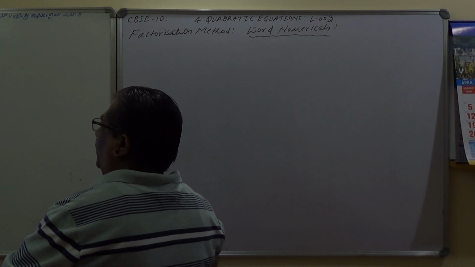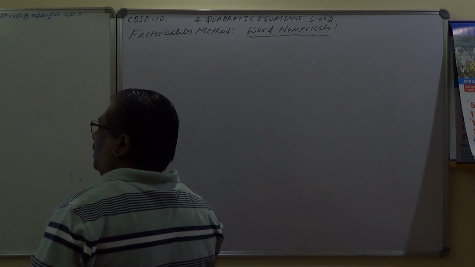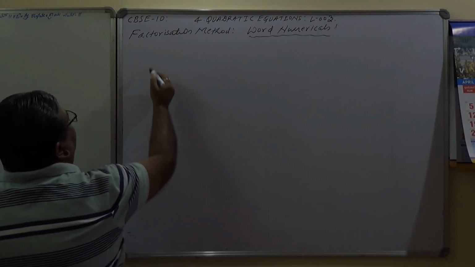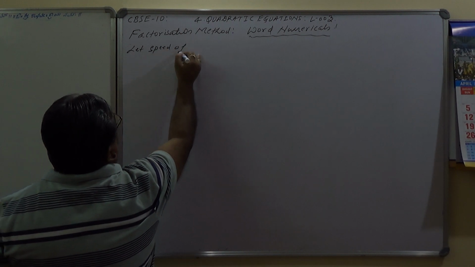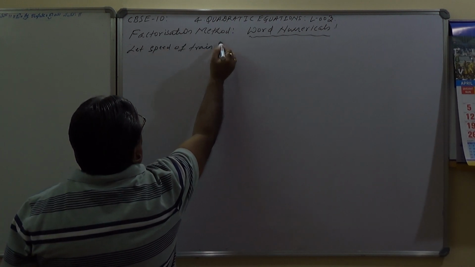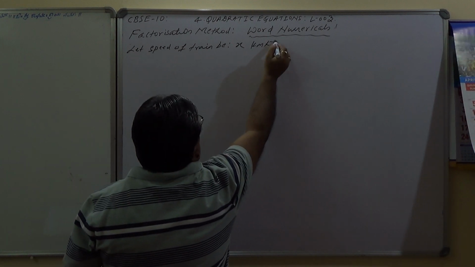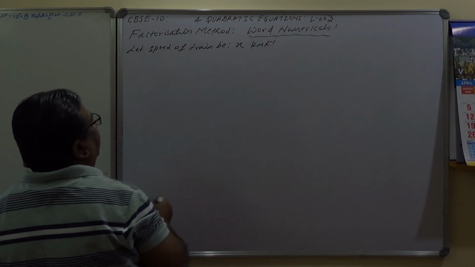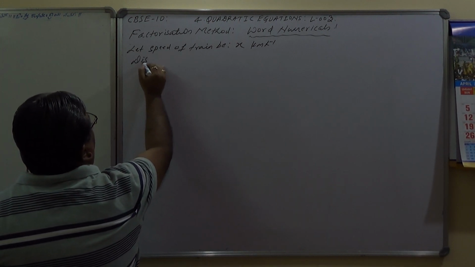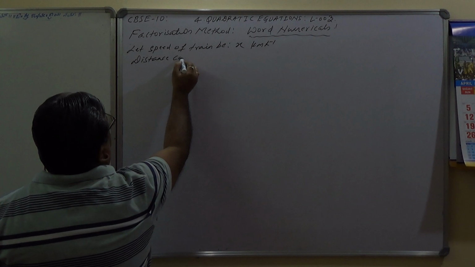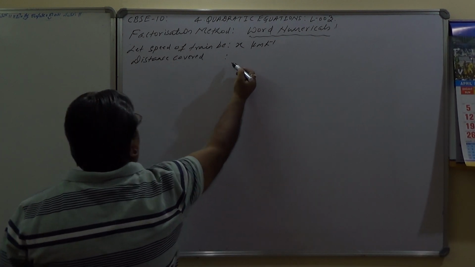If the speed had been 8 km less, then it would have taken 3 hours more to cover the same distance. We need to find the speed of the train. Let the speed of the train be x kilometers per hour. Is it right? So here the distance covered is 480 kilometers.